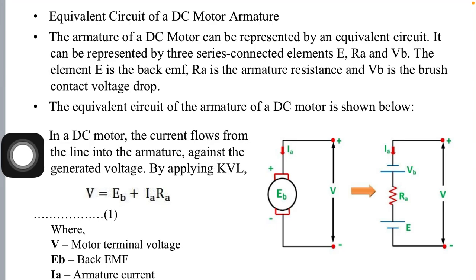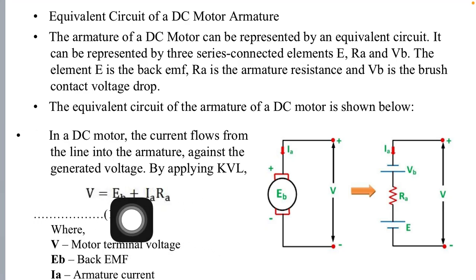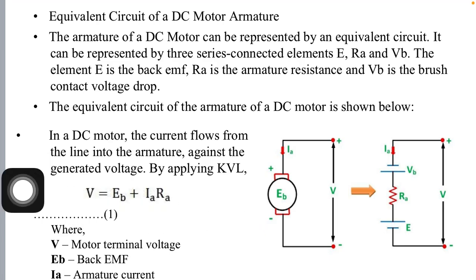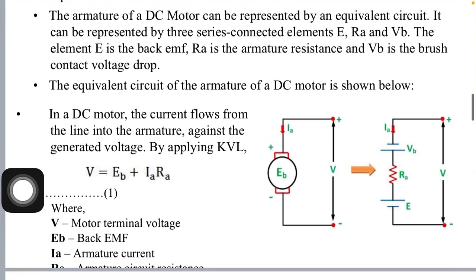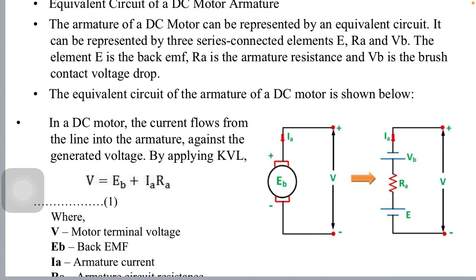You can remember it as per your technique; I consider V is equal to EB plus IA RA. Some books write EB is equal to V minus IA RA, but the equations are the same. Here V is the motor terminal voltage, EB is the back EMF, IA is the armature current, and RA is the armature resistance.